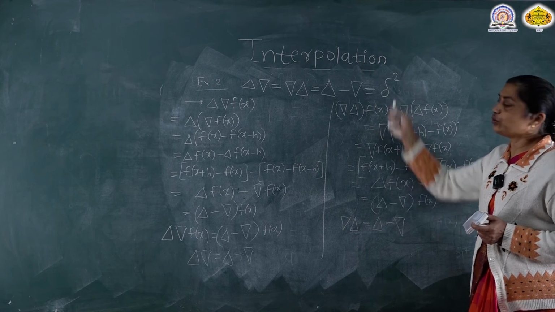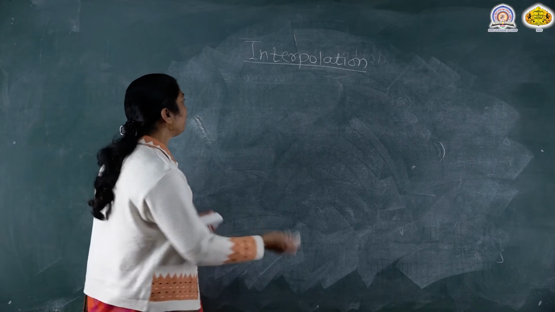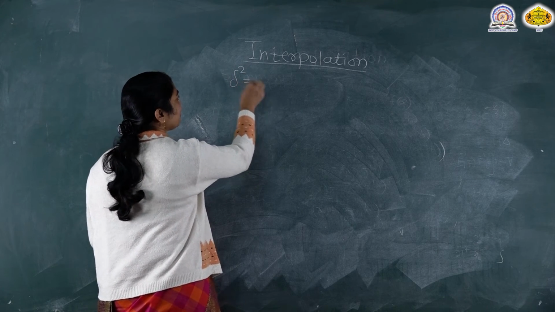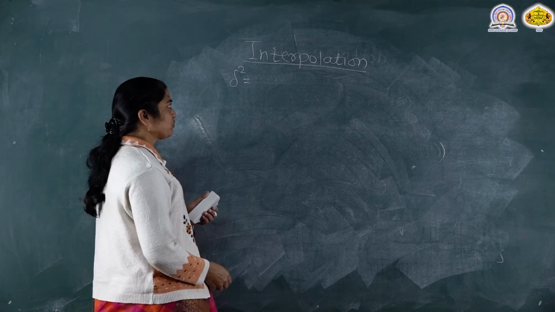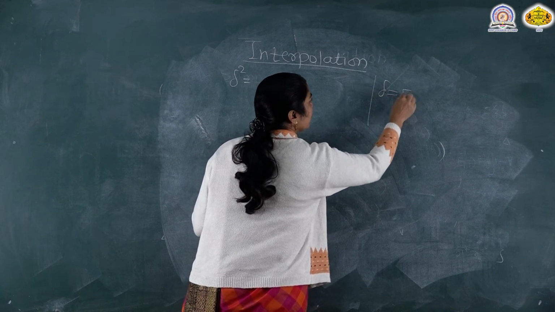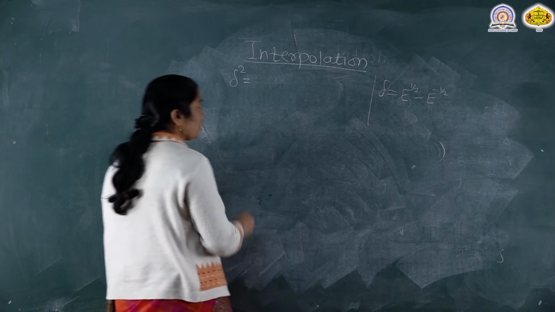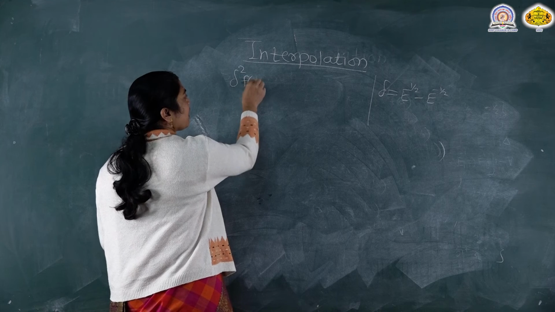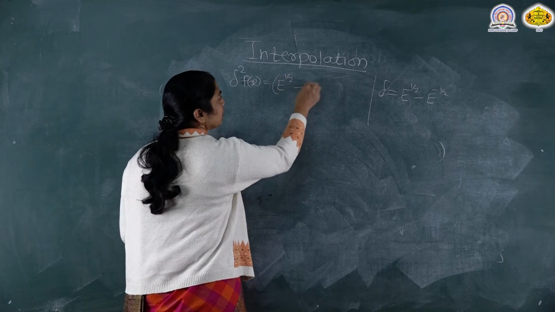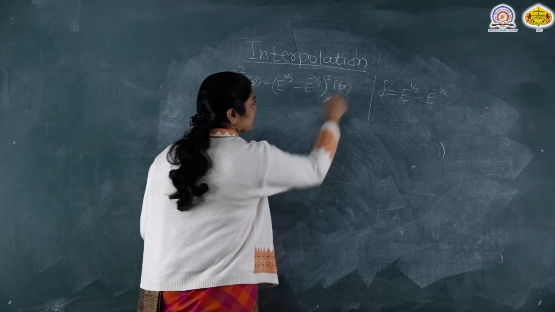Now we want to show that this is the same as δ². So now we will prove the last part, that is, we want to prove that δ² is also equal to the same value. So see what is δ. We know that δ is equal to E^(1/2) minus E^(−1/2). So δ²f(x) is nothing but (E^(1/2) − E^(−1/2)) whole square of f(x).